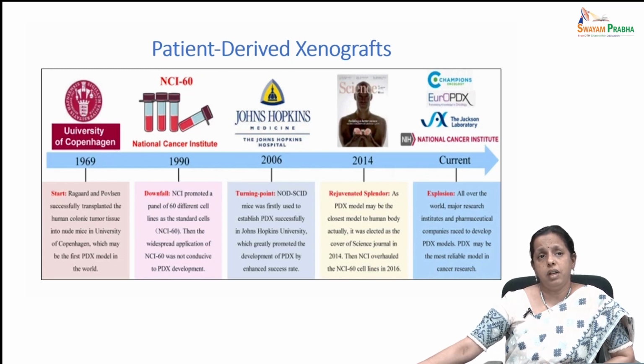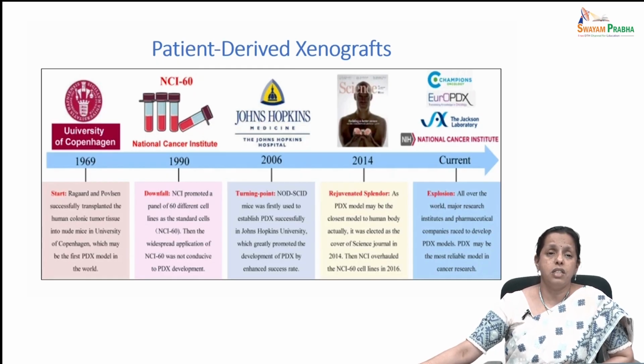However, until 1990, because of the NCI-60, as I mentioned before, the use of mouse models was not promoted, to minimize harm or injury to animals and reduce the usage of animals. The NCI-60 was so widely employed that its applications were all over, so the PDX models were not coming into line.